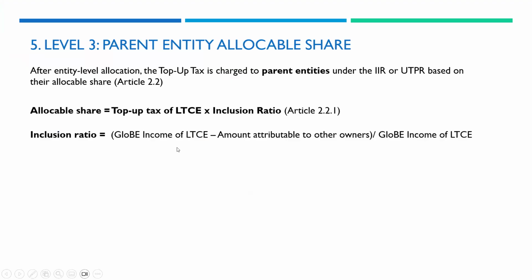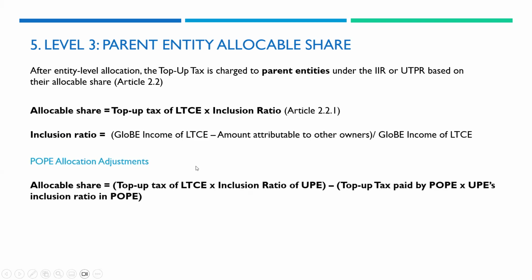It is not dependent on the ownership percentage. Profit sharing might be different. You have to look at the MOA and find out. And of course, if there is a POPE, then POPE comes into the picture. Whatever is the POPE's share, like top-up tax paid by POPE into the UPE's inclusion ratio, we will give them an offset. We will also give an offset of POPE's taxes if any of the entity is a POPE.